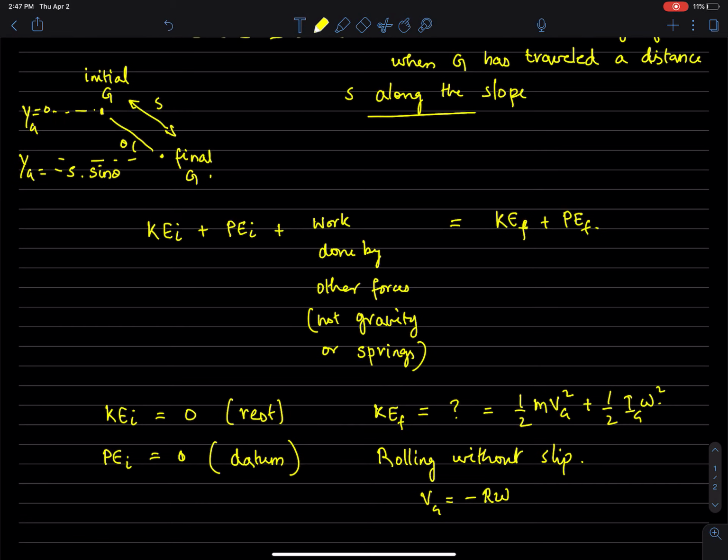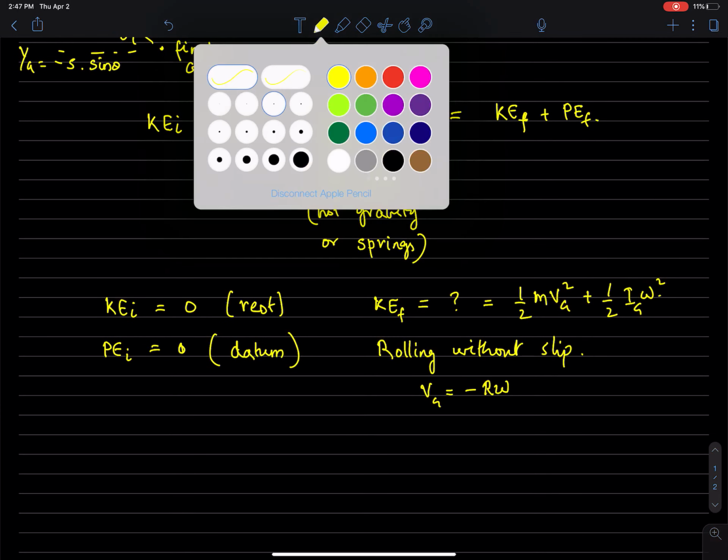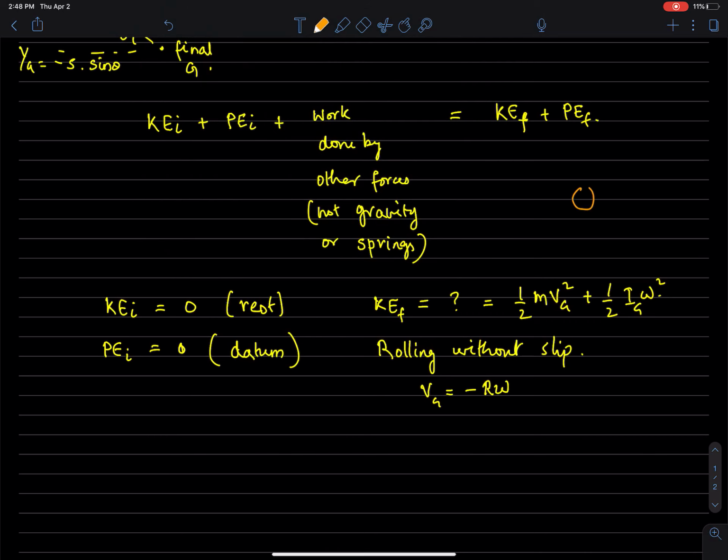So if you say this is the object, this is vG, and this is omega, if this point is fixed, recall, this is what you get.